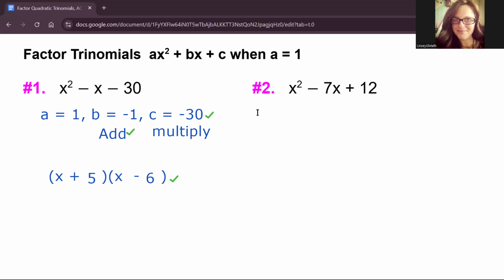Number 2, A is 1, B is -7, and C is +12. Since A is 1, we can just ask ourselves, what two numbers multiply to +12 that also add to -7? Multiply to +12.